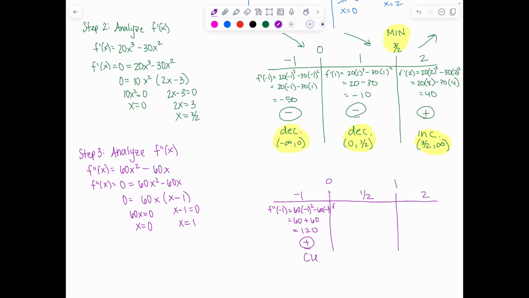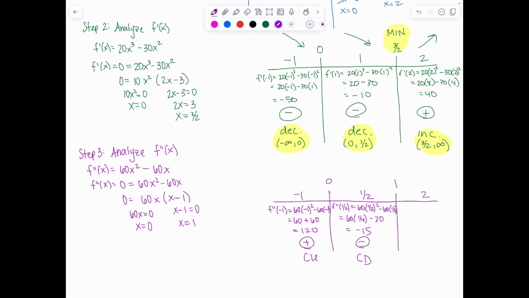F double prime of a half: 60 times 1/2 squared, minus 60 times 1/2. So 60 times a fourth is 15, minus 30, negative 15.